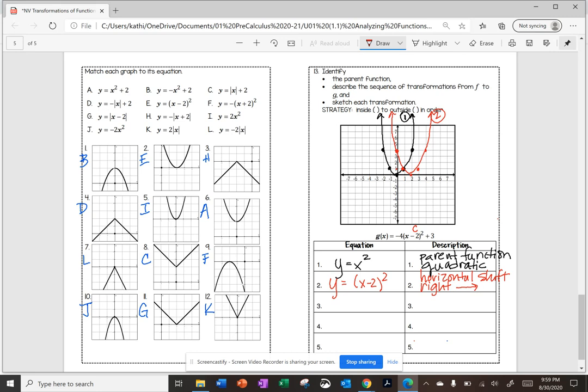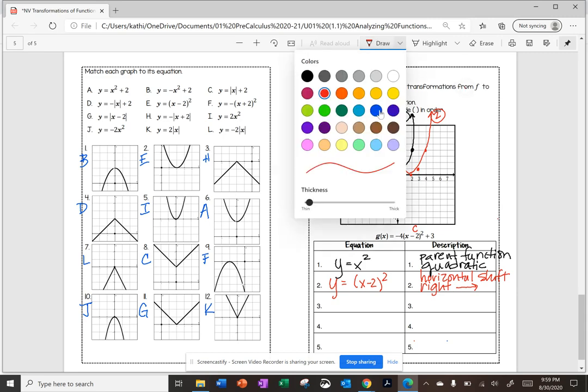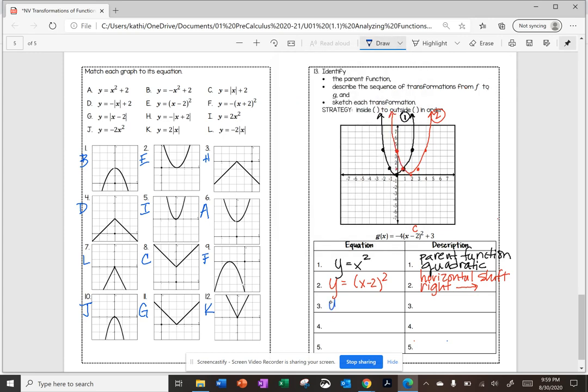Next, I see a negative sign with A. So the next thing I'm going to do is add the negative sign. This will be y equals negative x minus 2 quantity squared, and this is an x-axis reflection.